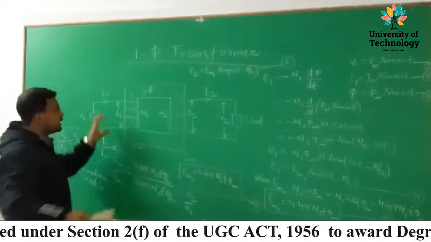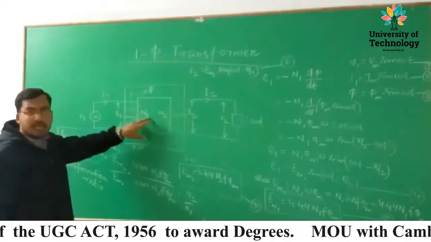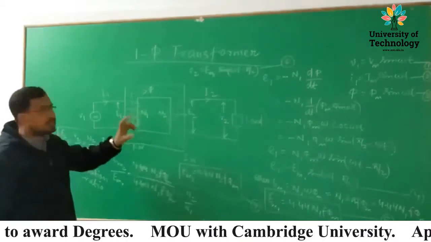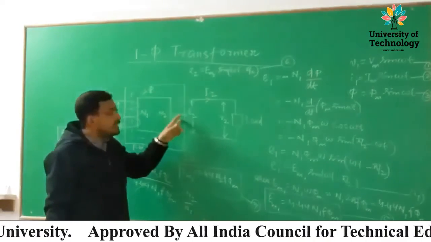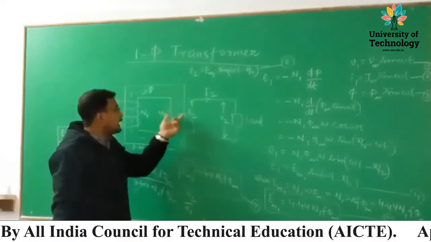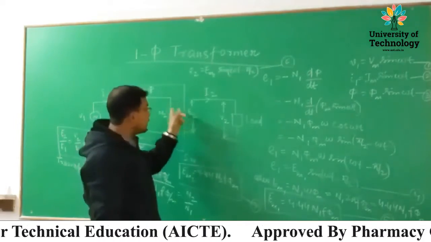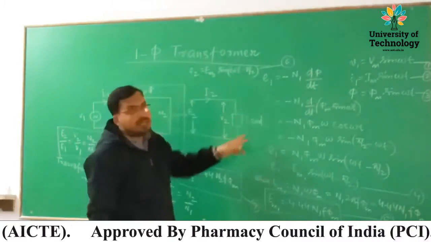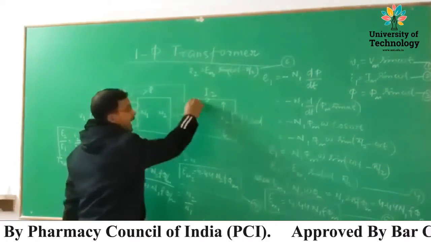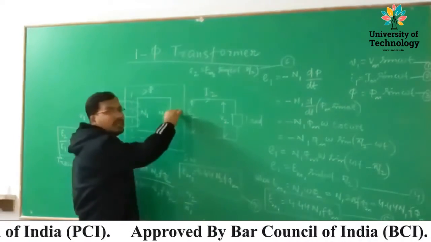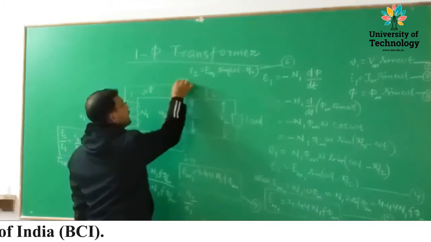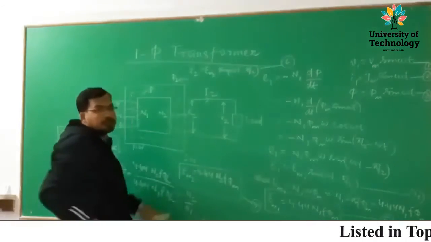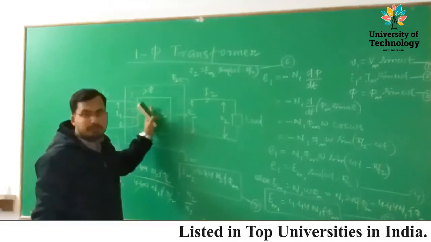Already we have discussed that due to the I1 and N1 term, MMF is produced, and due to the MMF the flux is generated. Once this flux links with the secondary side, we get the EMF E2, and due to this E2 we get the current I2. Now this I2 current again links with the N2 turns, which produces another flux phi2 from the secondary side to the primary side.